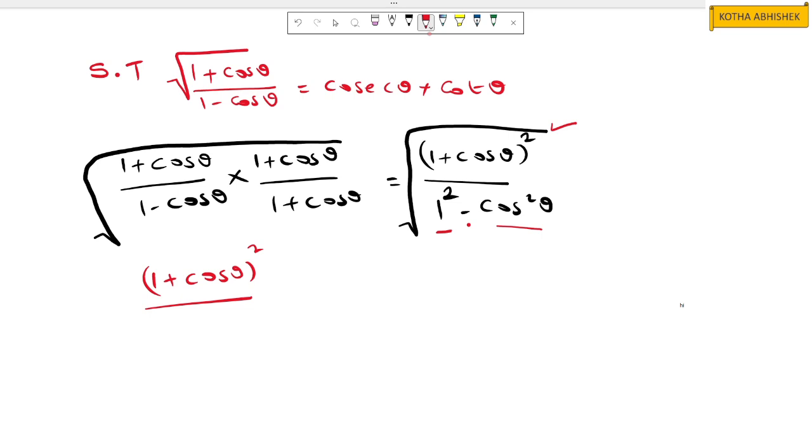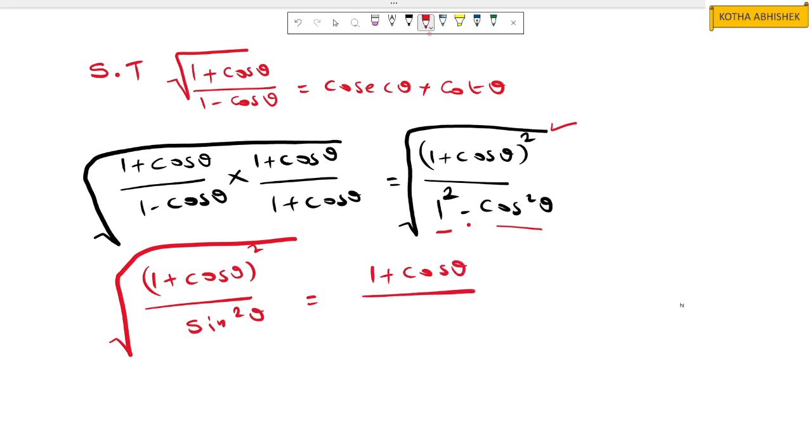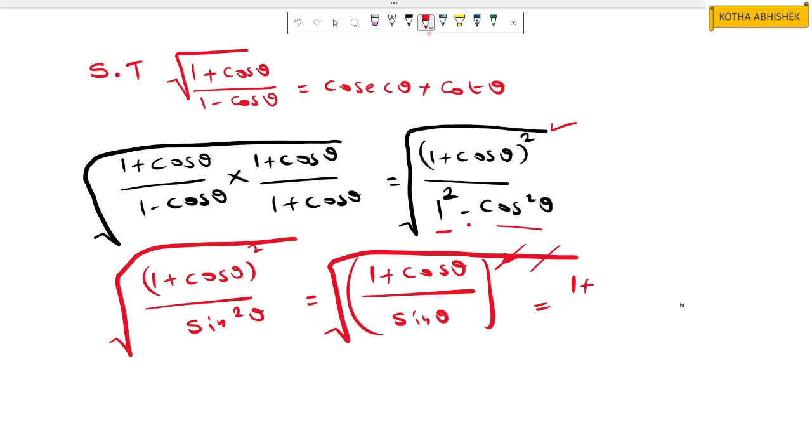So 1 minus cos square theta is sin square theta, under root as it is. Now, in the numerator and denominator square is common, so I am taking that as 1 plus cos theta divided by sin theta, everything squared, with the square root as usual. Now, this square root and square you can cancel. So, the remaining part is 1 plus cos theta divided by sin theta.